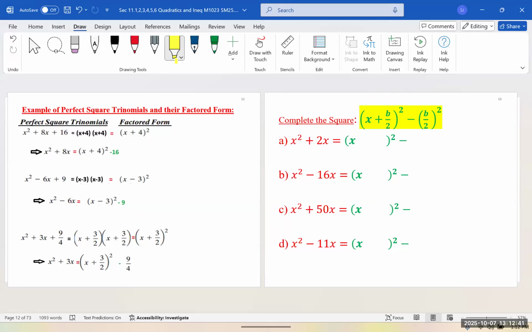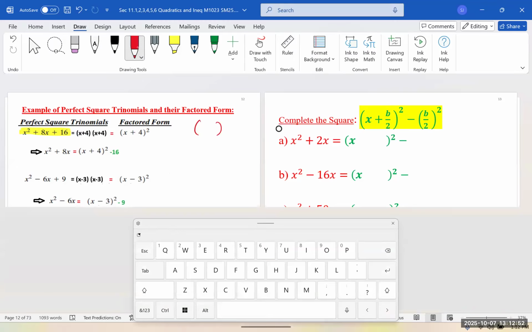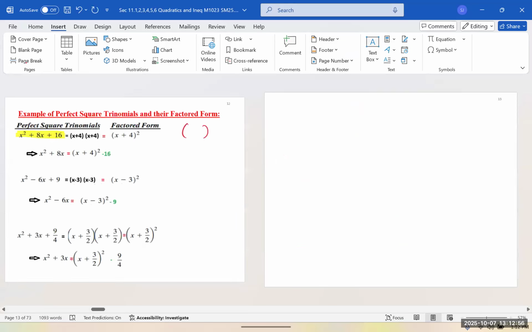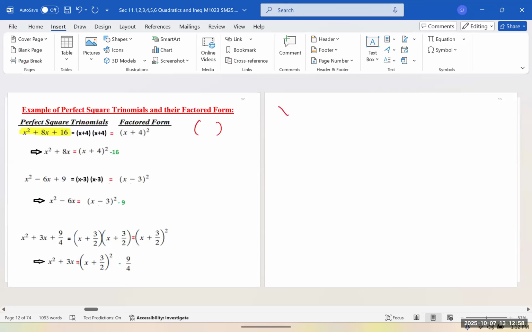Let's start at the beginning. We have x squared plus 8x plus 16. Let's factor it directly because it's directly factorable.